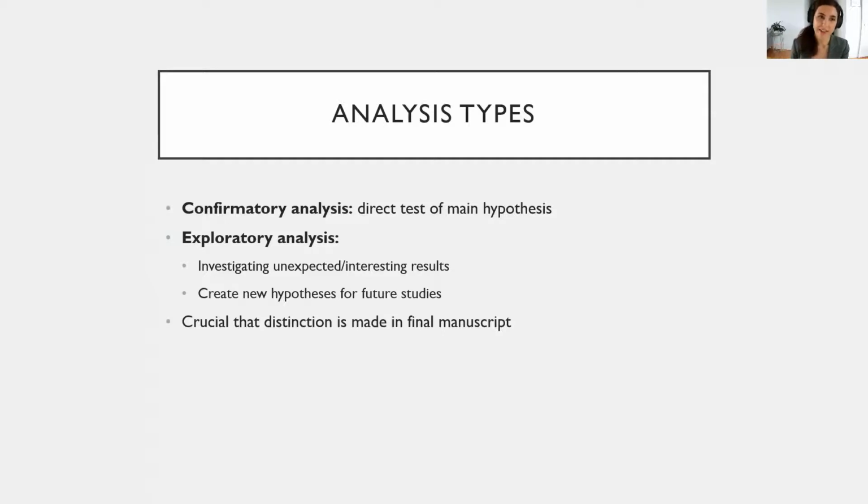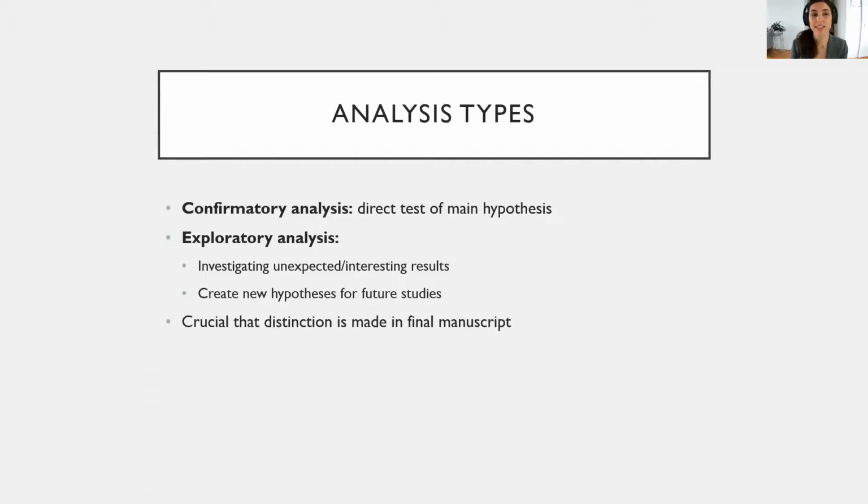On the other hand, there are also exploratory analyses. This is when you have your results, you do your confirmatory analysis, and maybe you find something you didn't expect, so you want to explore your data a little bit more. This can create hypotheses for future studies, and it can investigate unexpected or interesting results.